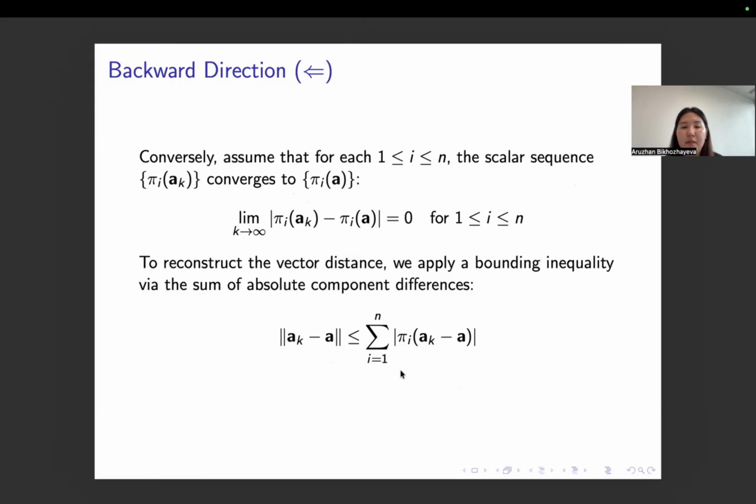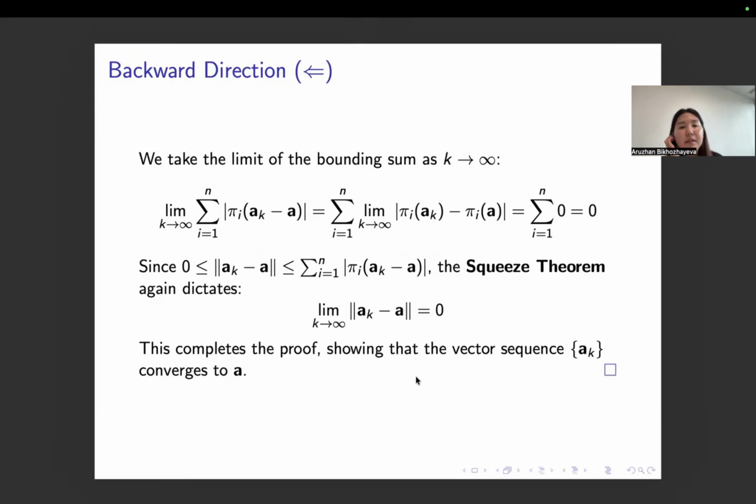This inequality tells us that the whole distance cannot exceed the sum of the individual coordinate distances. And since every coordinate distance approaches zero, their finite sum also approaches zero. Therefore, the Euclidean norm is squeezed between zero and another quantity that also approaches zero. So again, the squeeze theorem tells us that the norm must approach zero.